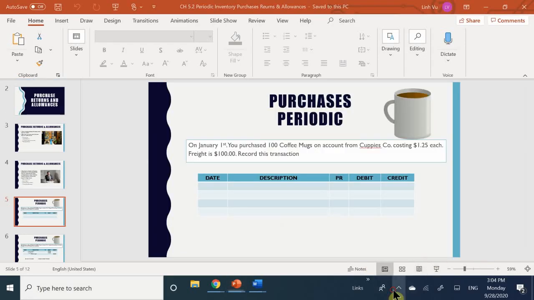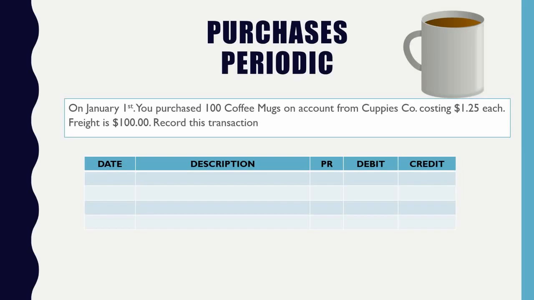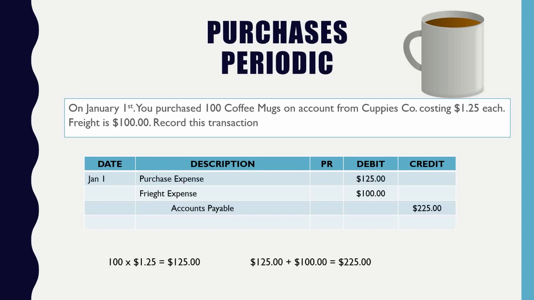You'll have the date of January 1st, and it will be a purchase expense of $125 on the debit side, and then you'll have a freight expense below that with a debit of $100, and then below that we'll have our accounts payable noted with a credit amount of $225.